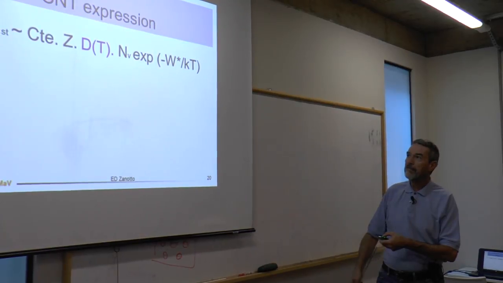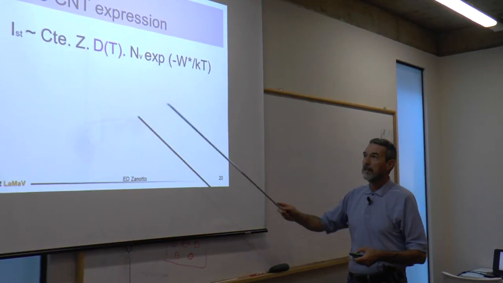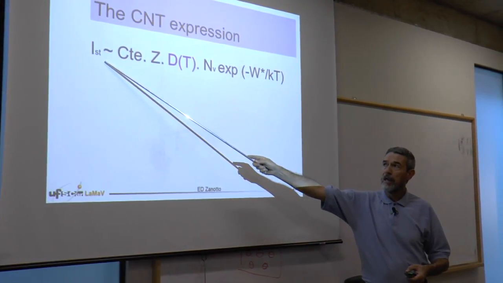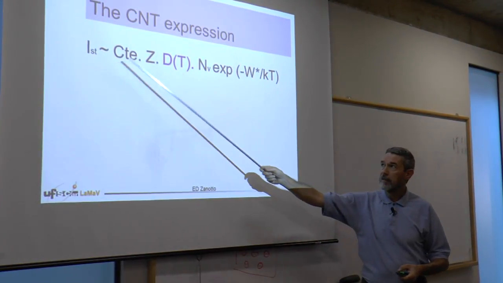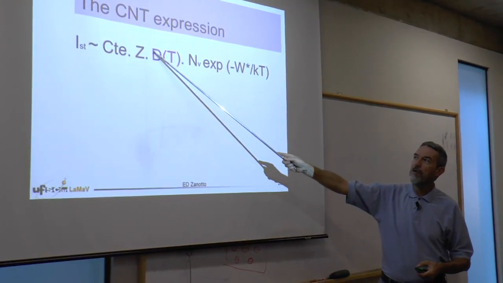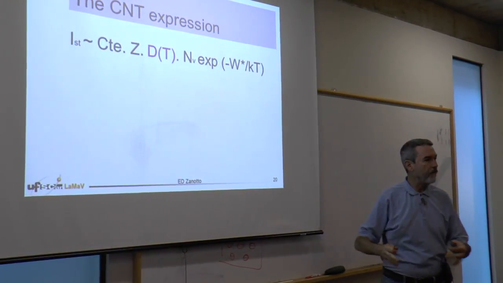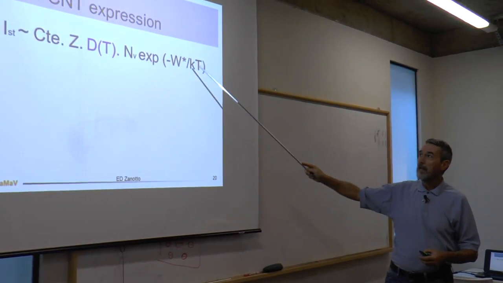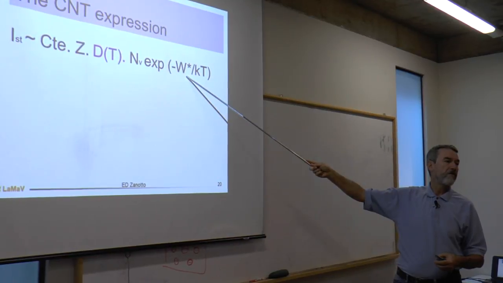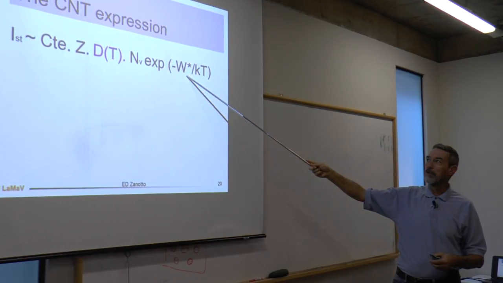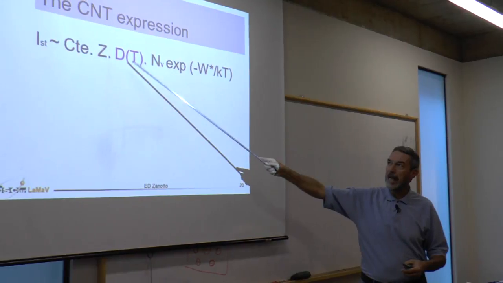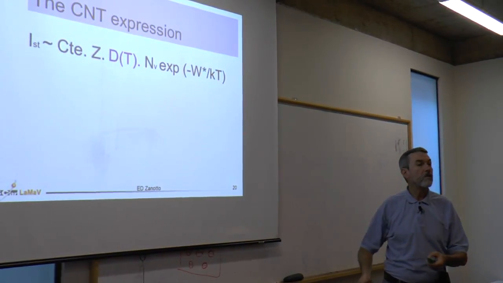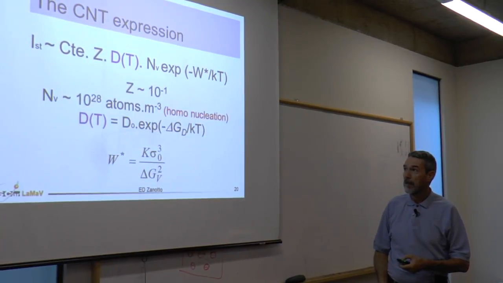Now, we have seen that the steady state nucleation rates can be expressed in terms of a diffusion coefficient. That's the diffusion coefficient involved in the nucleation process in the work of formation of the critical nucleus. This is a kinetic quantity, this is a thermodynamic quantity, and they control the nucleation process.